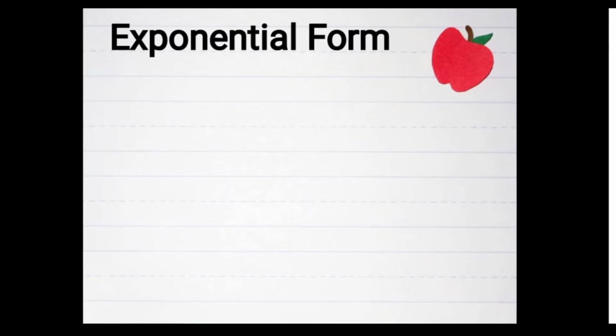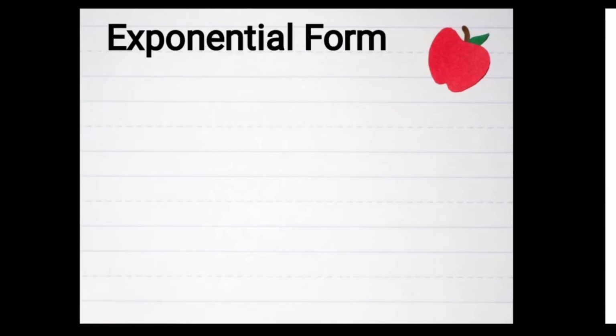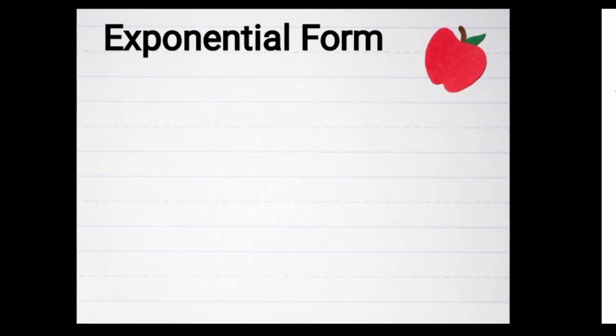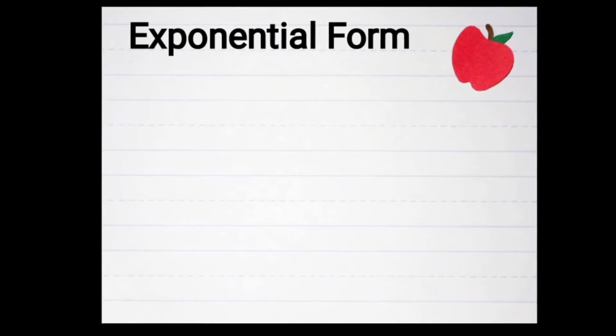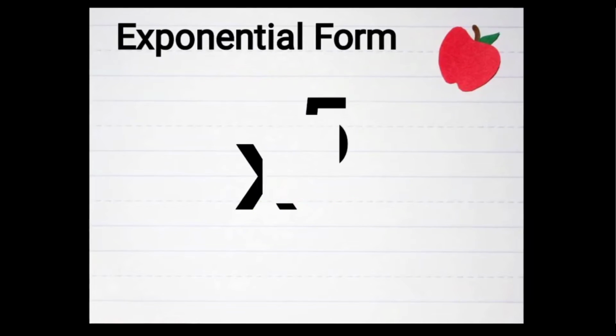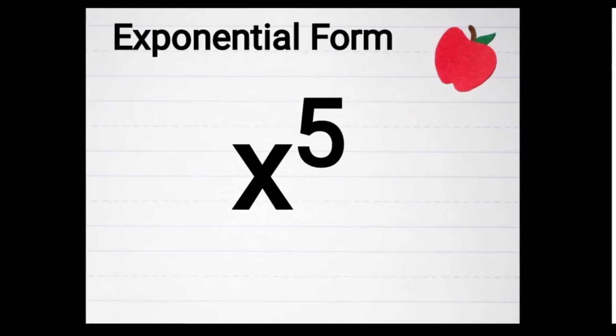So before we go to the laws of exponent, let's have the exponential form. You have to know that there is what we call an exponential form. When we say exponential form, from the word exponent, it means that in an algebraic expression, there is an exponent in it. Okay? That's why it is called exponential form. Like for example, we have x raised to the fifth power.